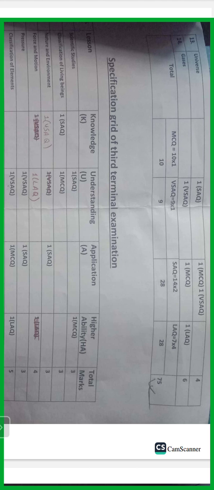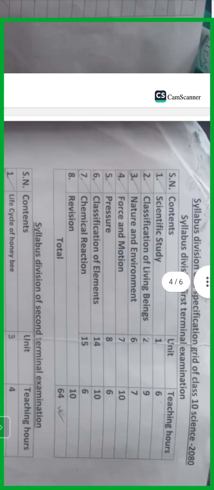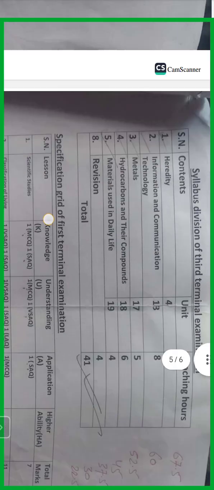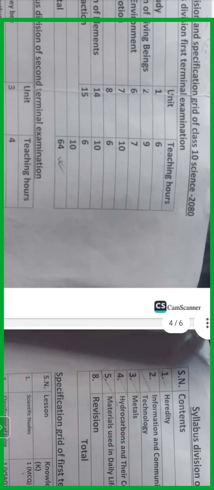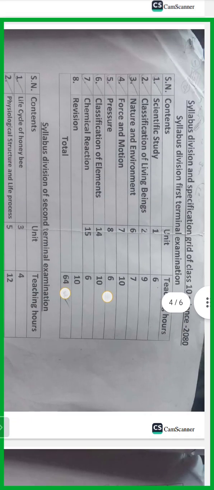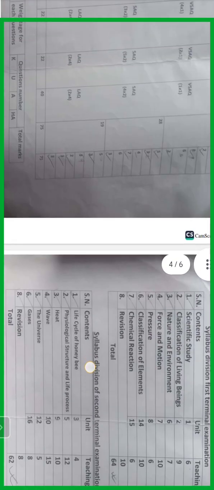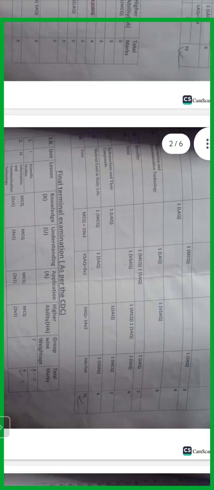Okay, I have a confusion here. Is it the second terminal or not? Okay, from the second terminal examination, the unit universe is also here.